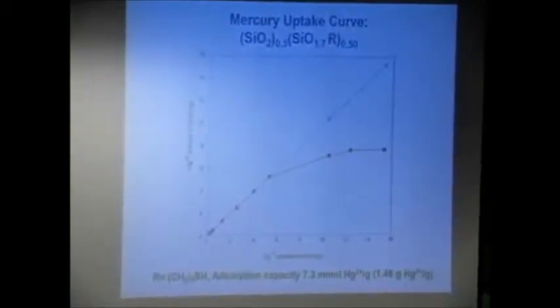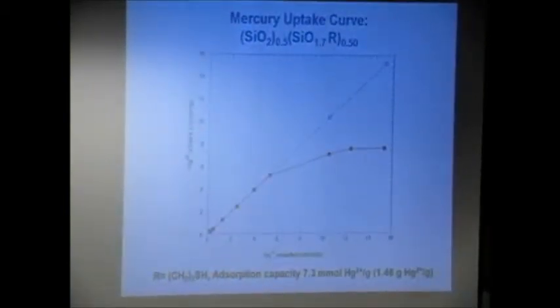Yeah, good. So up to a 1-to-1 ratio of sulfur to mercury. And then there's some additional uptake beyond that, presumably because the mercury binds to silanol groups on the framework.